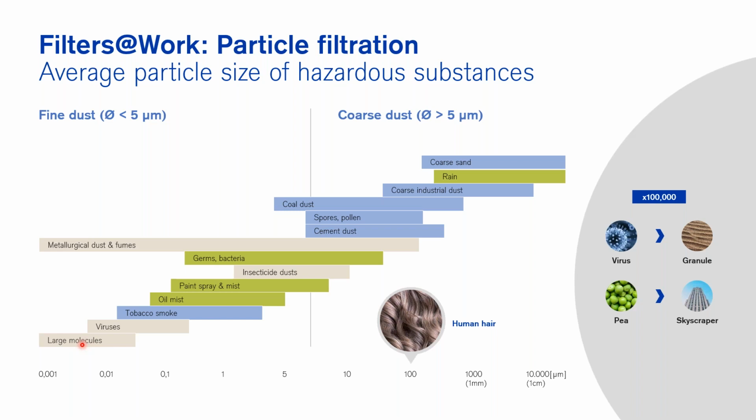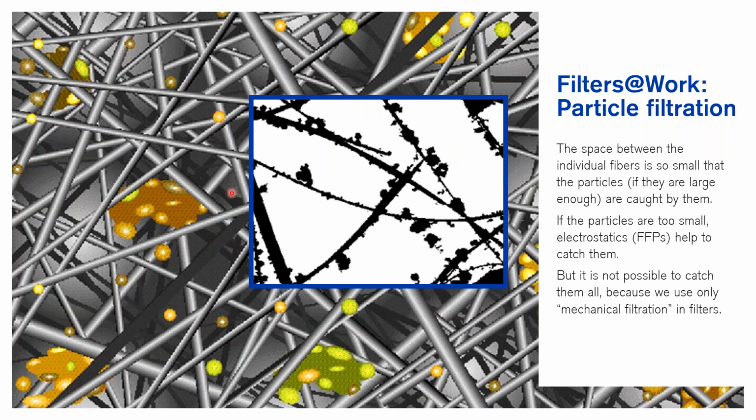So what we can take away from this is that with high efficiency, even though the particle size might be smaller, they can still be filtered because they are moving in this Brownian motion effect. This is how it looks from a microscopic view of the particles in the FFP filtering facepiece. It is produced from a small layer of plastic fibers so fine that 0.3 micron particles, based on FFP2 or N95, will be caught in these spaces.